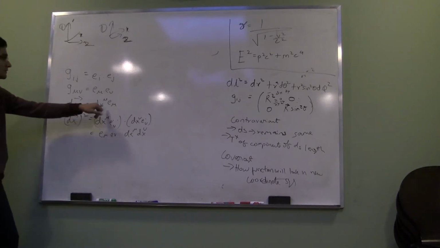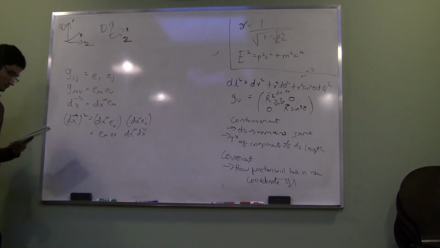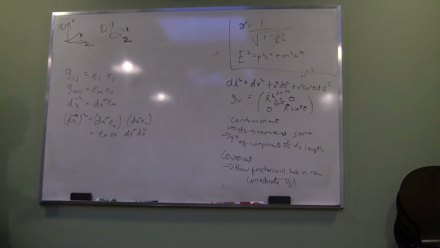So it's more like the lower index basis vectors are the contravariant basis vectors. I'm a little confused about that too, but the lower indexed e should be like the upper index, I think. Yeah, that's what it looks like.